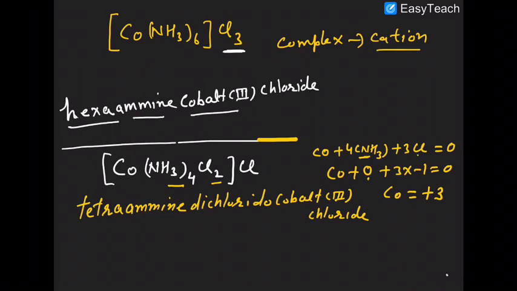Chlorine carries a charge of -1, so the answer is +3. Amine is 4 times, so you will write tetraamine. Chlorine is 2 times, you will write dichlorido. Here chloride is outside, so it is the right-hand chloride. Look at this difference. One is chlorido, the other is chloride. The cobalt oxidation number should be given by a Roman numeral. Are you getting that?